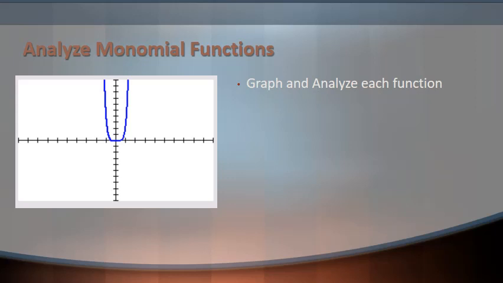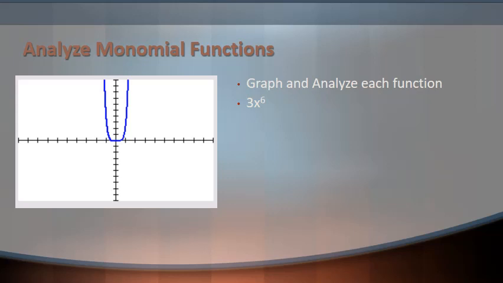And so the first function that we're asked to graph and analyze is the power function 3x raised to the 6th power. Now you see over here on the left, this is a screenshot of the graph. I went into the TI-84 calculator and I graphed 3x to the 6th.